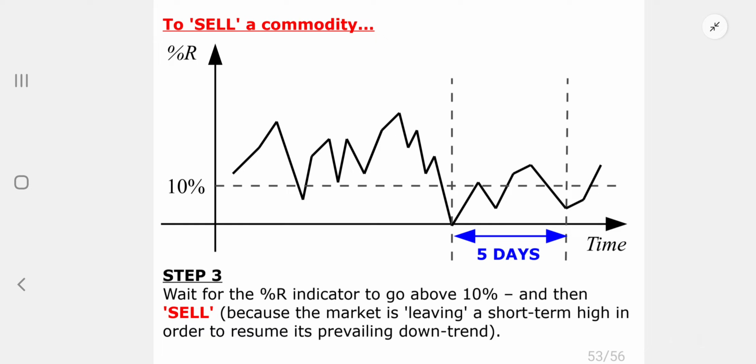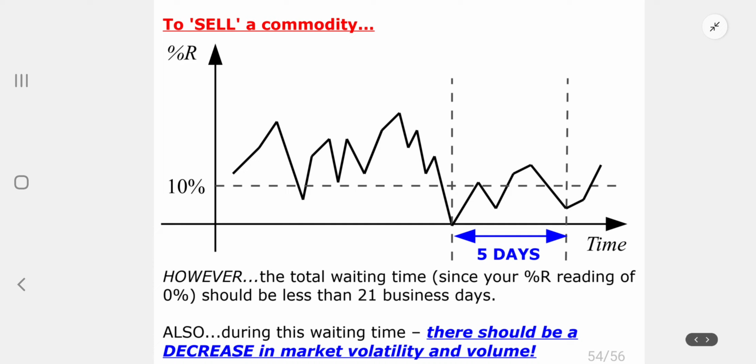Wait for the percentage R indicator to go above 10% and then sell, because the market is leaving a short-term high in order to resume its prevailing downtrend. However, the total waiting time since your percentage R reading of 0% should be less than 21 business days. Also, during this waiting time, there should be a decrease in market volatility and volume.